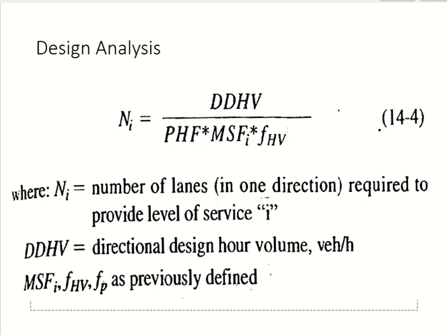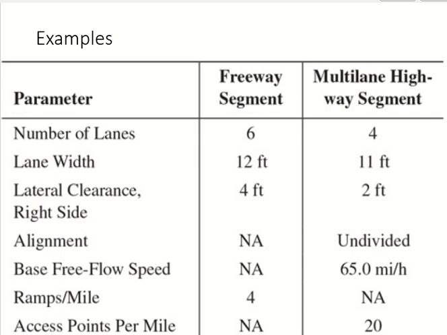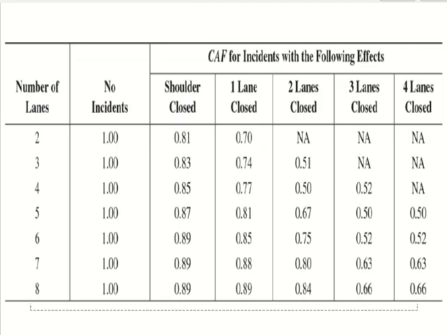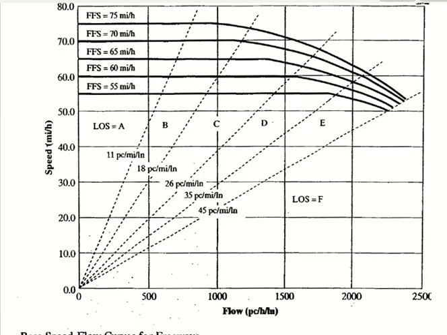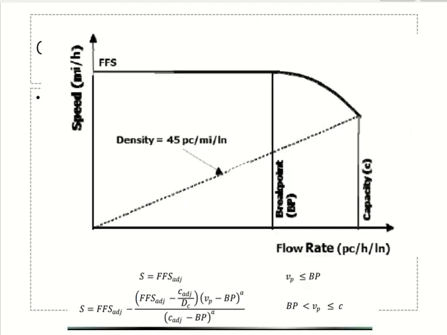These values will come from the speed flow curve, this curve. We need to plot that. The first point of the curve is very easy because it is free flow speed. So you start from free flow speed.